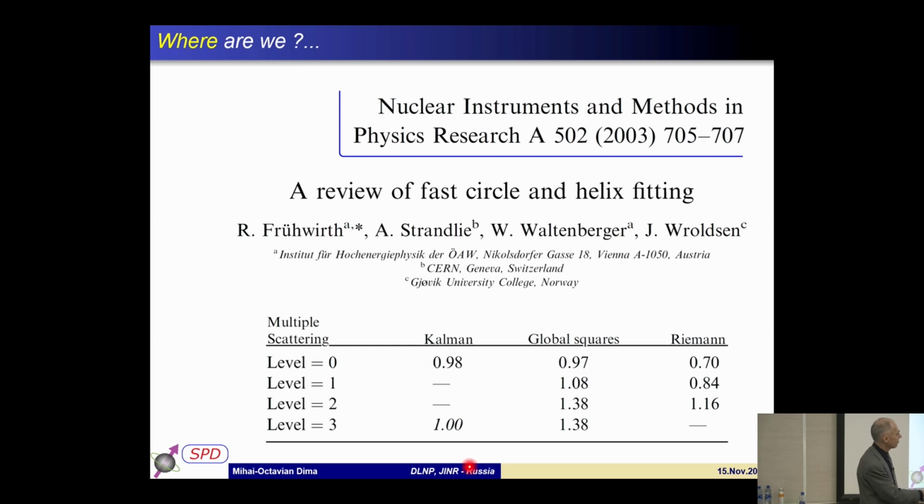So there are very small differences, 30% or something like that, depending on multiple scattering simulation level and the type of fit that you do. They argue the Riemann sphere that I've shown you is the fastest, and indeed it has fast performance for low-level multiple scattering. But still, this is not the type of acceleration that you want. 30% is equal to nothing.